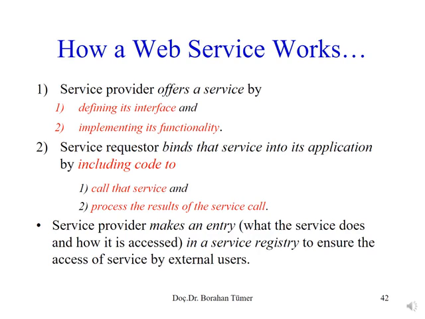A service provider offers a service by defining its interface and implementing its functionality. A service requester binds that service into its application by including code to call that service and process the results of the service call. The service provider makes an entry on what the service does and how it is accessed in a service registry to ensure the access of the service by external users.